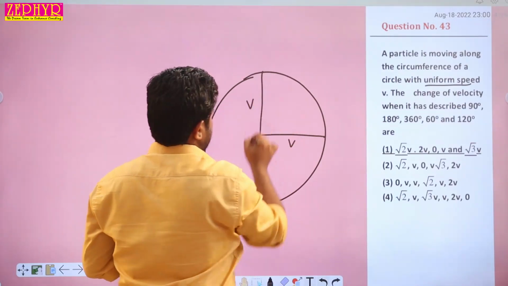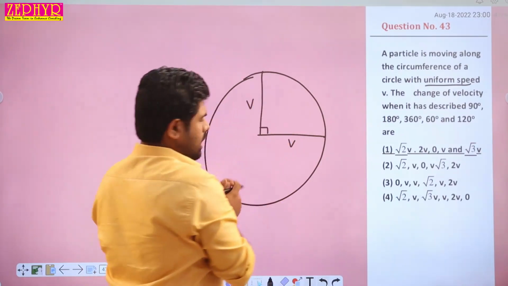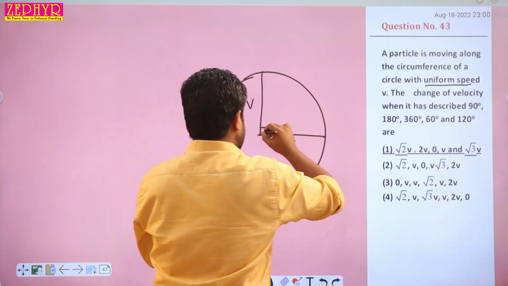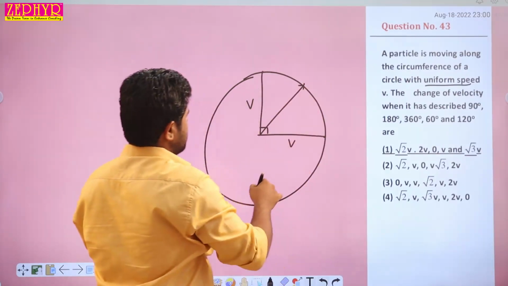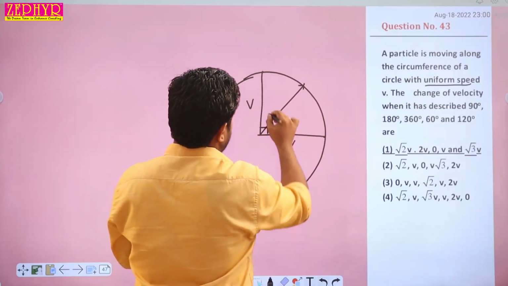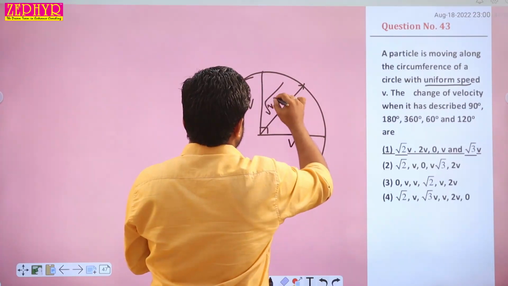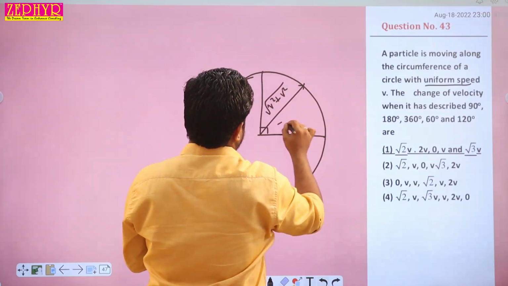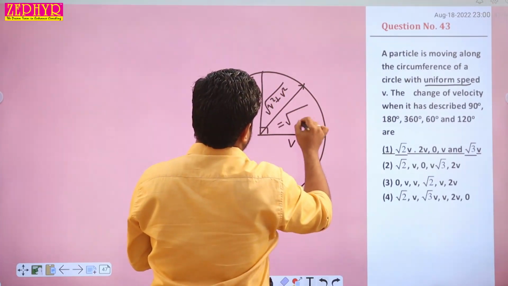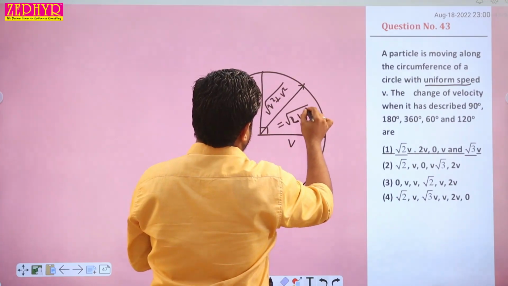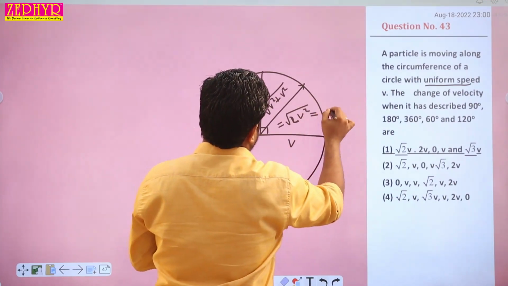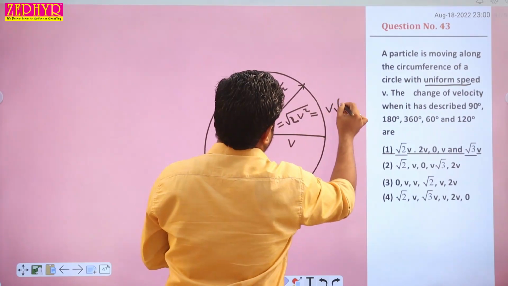The angle between them is equal to 90 degrees. Then the resultant is equivalent to root of v square plus v square, that is equal to root of 2 v square, which is equal to v root 2.